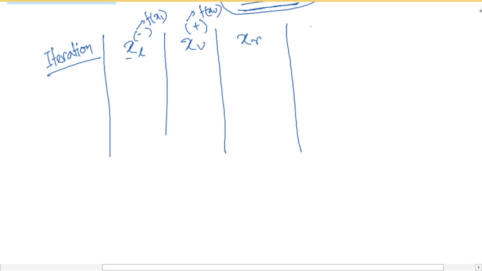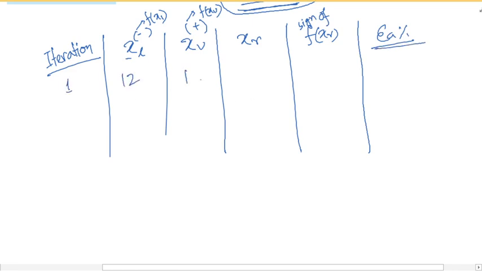Then the sign of f(xr) and epsilon a percentage. So iteration 1: 12, 16, giving you 14.9113. Now no error we can determine here. So for 14.9113, whether this is positive or negative. Now the next question comes.